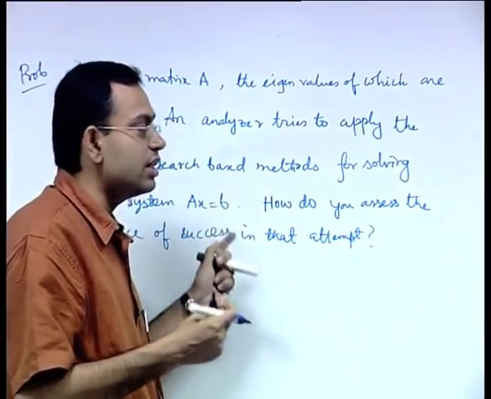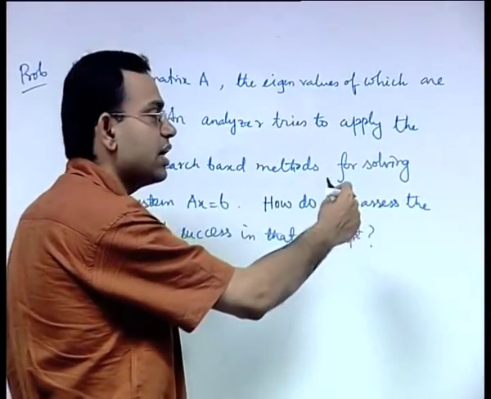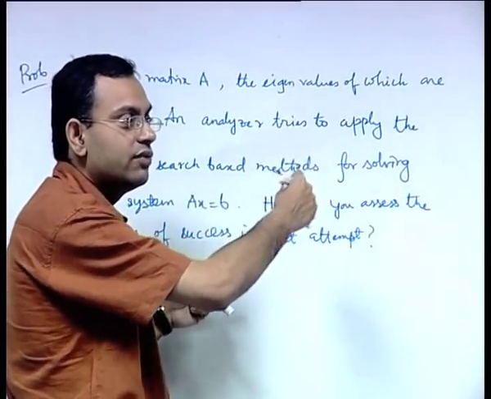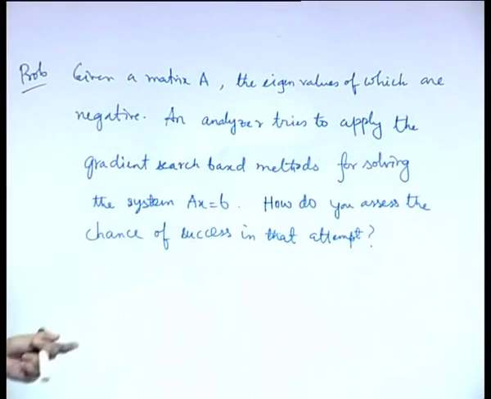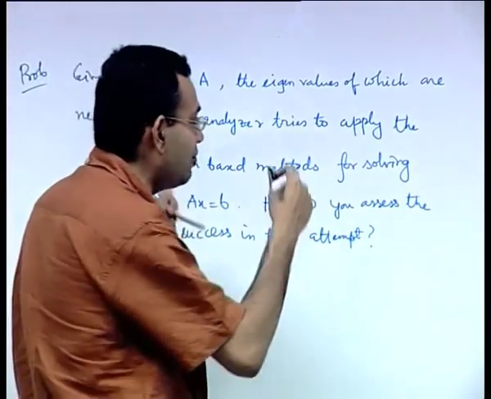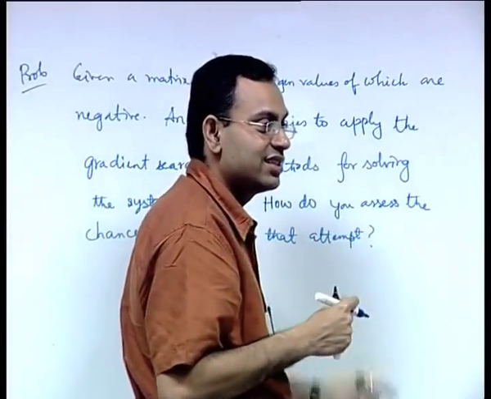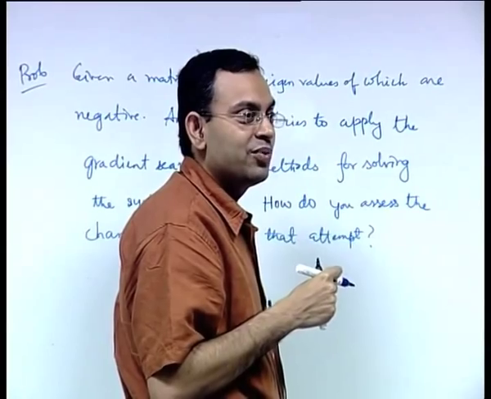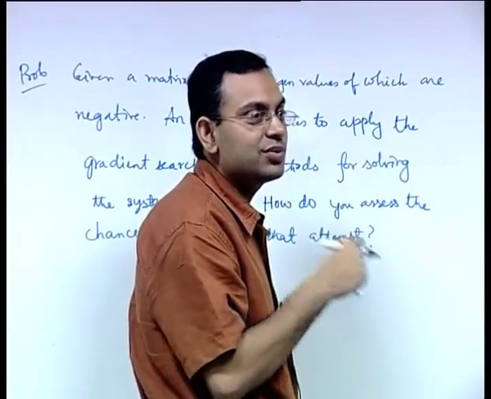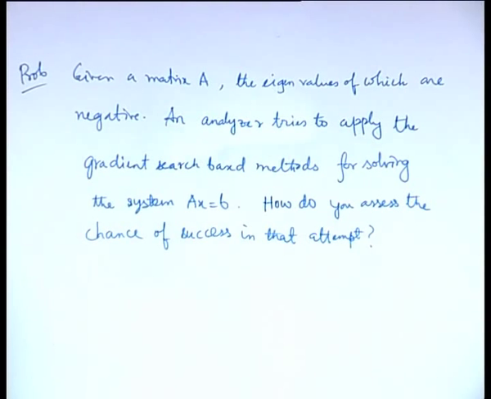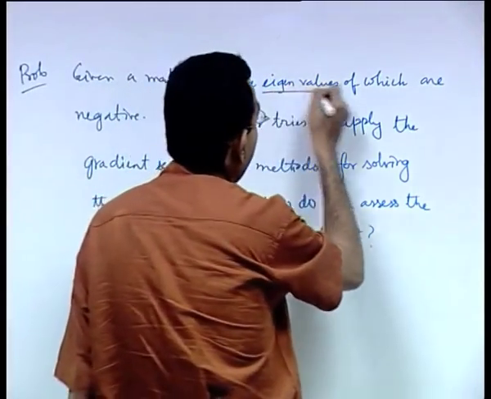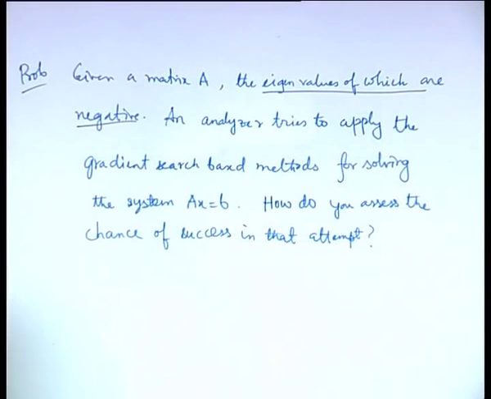Of course otherwise you can say that I assess that there is no chance of success in the attempt because the person is very dull or inefficient. So, it's not like that. So, you have to assume that the person is very efficient in terms of implementing the method as it is. But even then whether you expect success or not, that is what you have to predict.